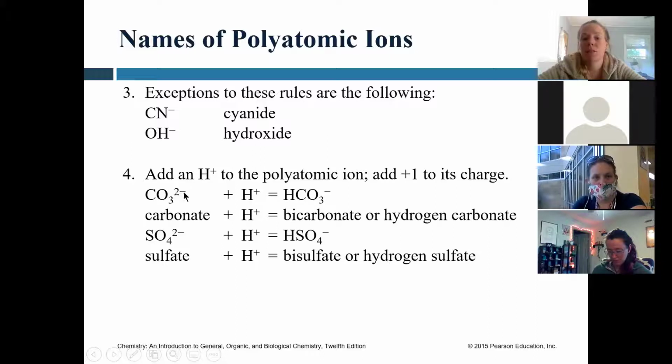Because this has a 2- charge and this has a +1 charge, the overall charge on your combined thing will be 1- because this is stripping away one of those 2's. Same thing with sulfate. If I want to go to bisulfate or hydrogen sulfate, HSO4, it'll have a 1- charge because one of these negative charges is balanced with the hydrogen.